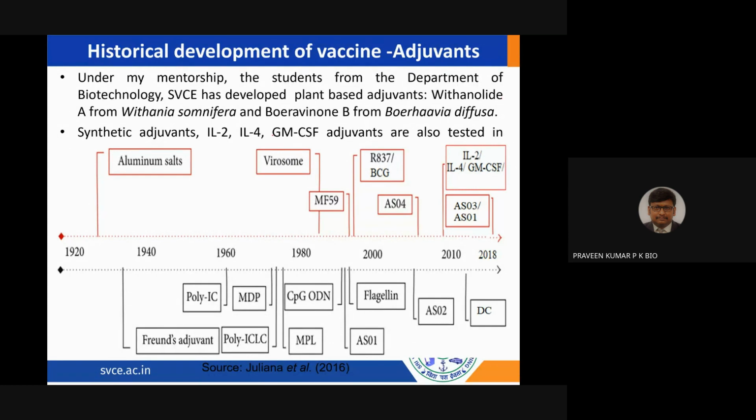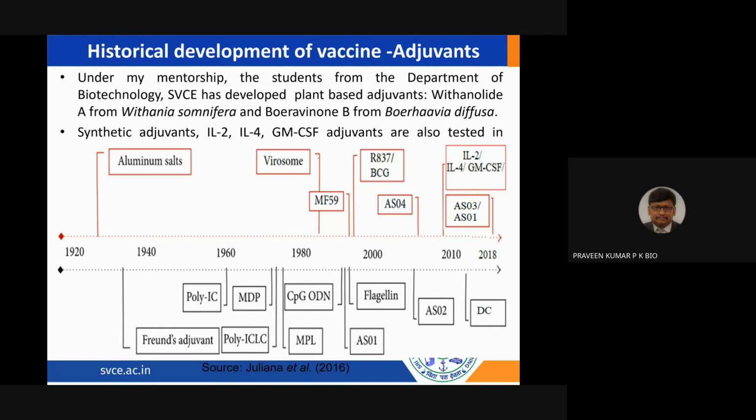If you see this historical development, in 1920s, at that time you can find the aluminum salts, cheapest source, that is inorganic metal salts are used as adjuvants. But just because of bioaccumulation in our body, later they came up with so many organic kind of adjuvants.